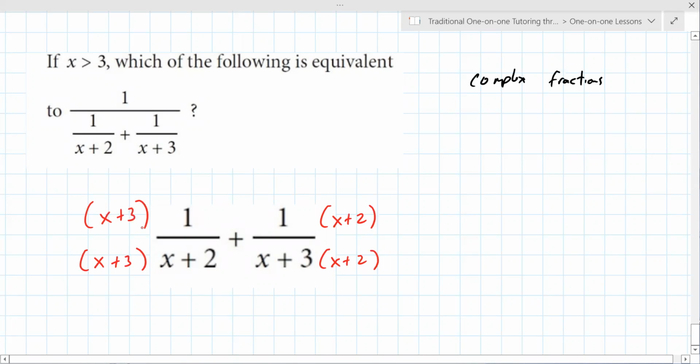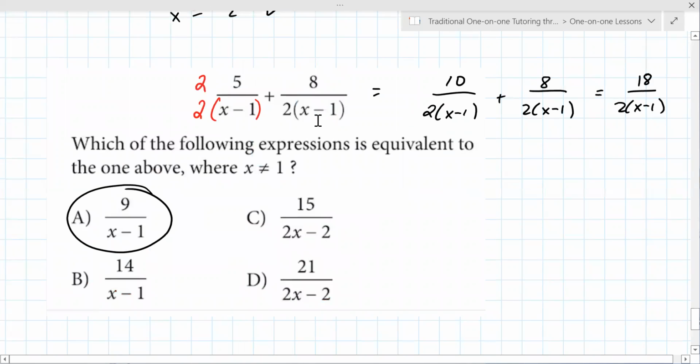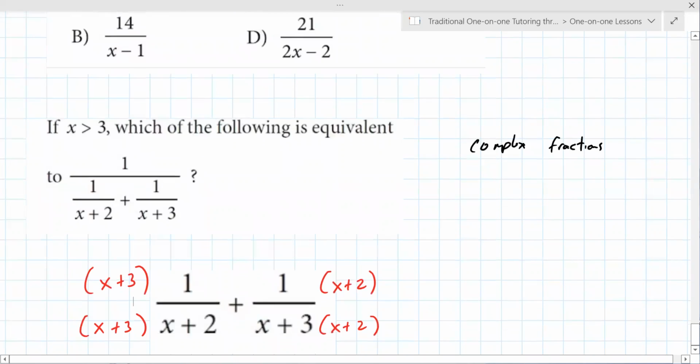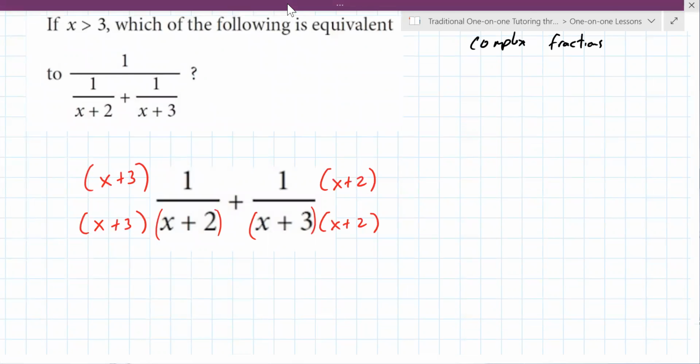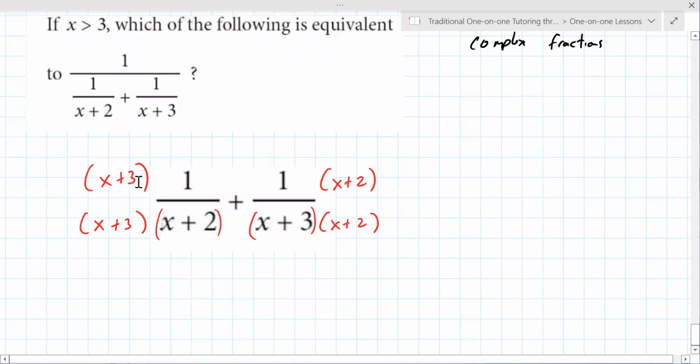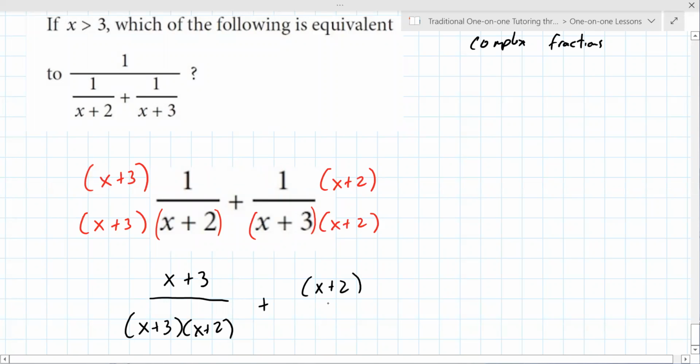X plus 3. Now notice in the last problem here, we never multiplied out the denominator. We just left it in what's called factored form. Same thing applies here. You're generally not going to FOIL the bottom. So you're just going to work on the top. So the top becomes x plus 3 over x plus 3, x plus 2, plus x plus 2 over x plus 3, x plus 2.